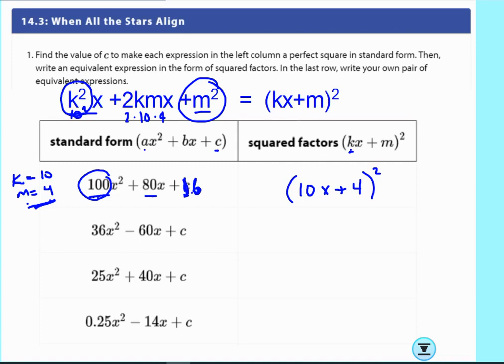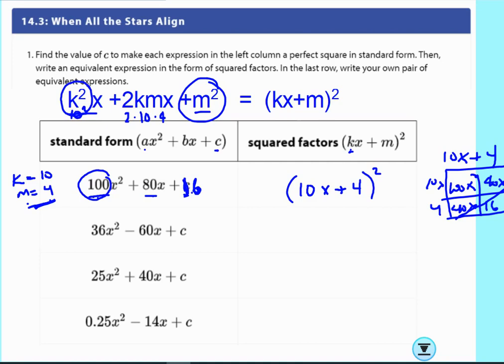I want to double check, so I'm going to go ahead and multiply those out and make sure it works. 10x plus 4. 4 times 4 is 16, 100x squared. Here we get 40x, here we get 40x. They add up to give 80. So it looks like 100x squared plus 80x plus 16. So we're good.